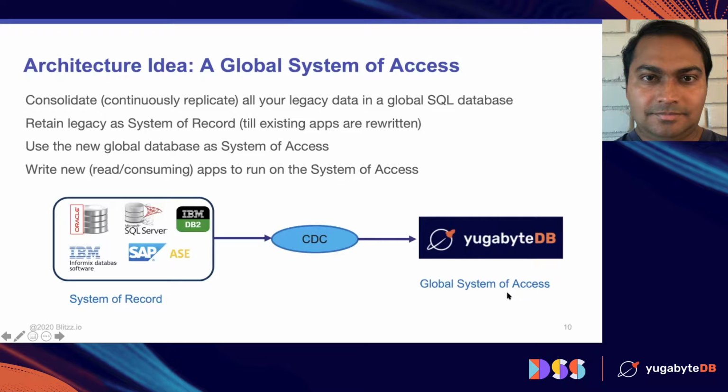With this, you can offload all your reads from the system of record to the system of access, reduce your cost on the system of record, and give your developers the choice to build on this modern Postgres compliant API. So it's a win-win for everybody.